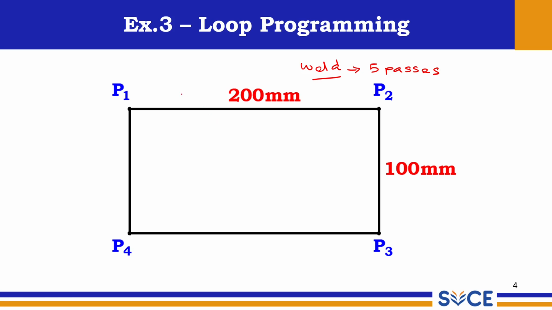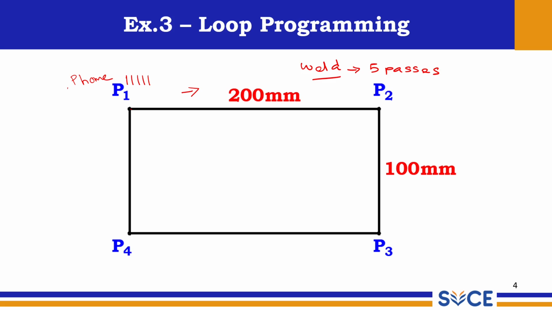The rectangle direction is P1, P2, P3, P4, and likewise 5 times. It starts at 1, makes a round, then second, third, fourth, and finally at the fifth it should get over and the robot should go back to its original P home point. How to do such a program, we'll understand.